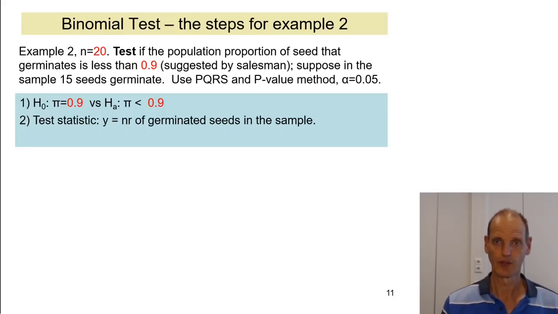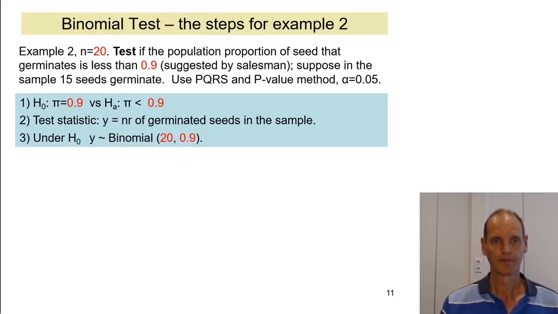Or at least there is no evidence that that is the case. On the other hand, if no seeds germinate, then you would say, yes, there is clear evidence that pi is less than 0.9. So this number of germinated seeds in the sample is definitely an intuitively appealing statistic to look at. And indeed, we can use it here as the test statistic.